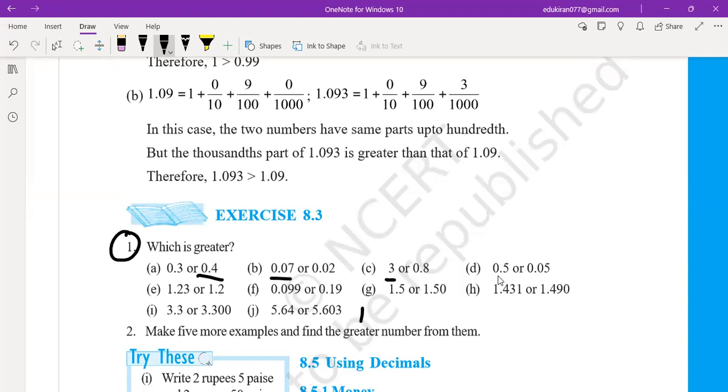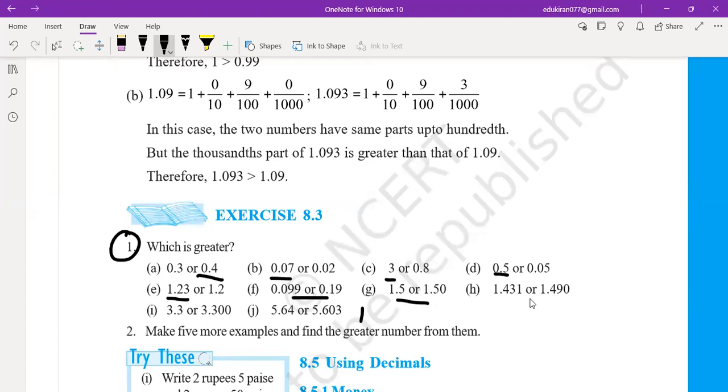D. 0.5. Good. Next. 1.23. Okay. Next. 0.90. Good. Next. Equal. Equal. Yes, ma'am. Good.